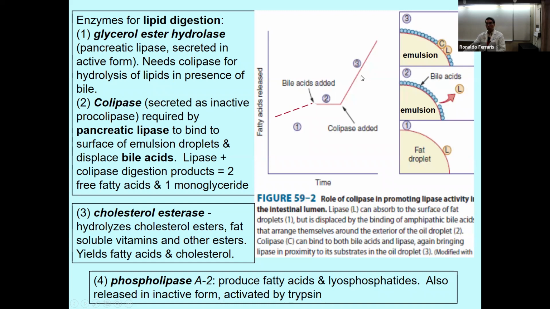So what does colipase do? When bile acids are released and emulsify the fat globule, then now you have an increased surface area.